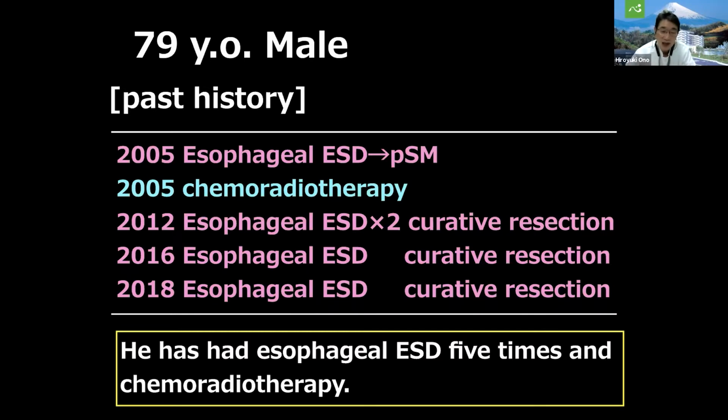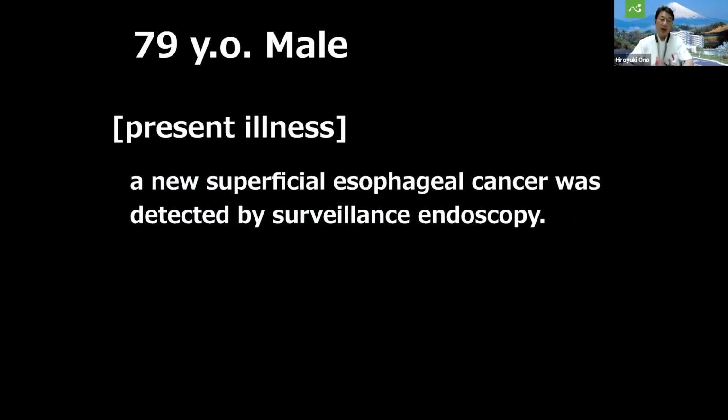After that, he underwent ESD for 4 lesions in 2012, 2016, and 2018. So he has had esophageal ESD 5 times and chemoradiotherapy. For the present illness, a new superficial esophageal cancer was detected by surveillance endoscopy.